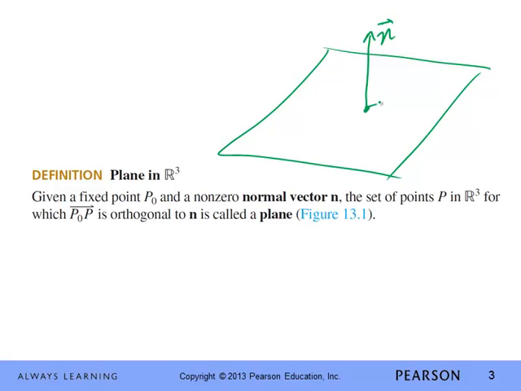So any vector, call it P or something, that is in the plane, our normal vector is going to be orthogonal to. That's what our normal vector is. All you need is a normal vector and a point. Okay?